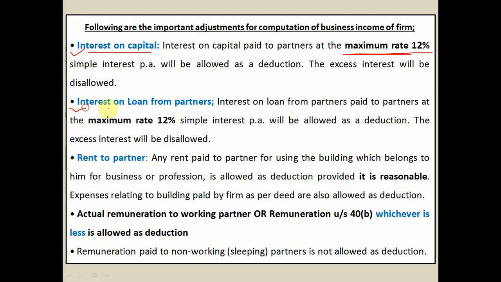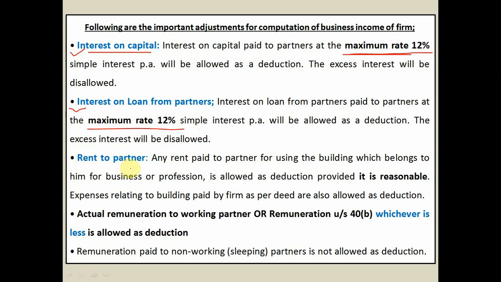Second one, interest on loan from partners. If a firm has taken a loan from partners, the interest on loan from partners is allowed as expenses up to 12% of simple interest per annum. Third, rent to partner.